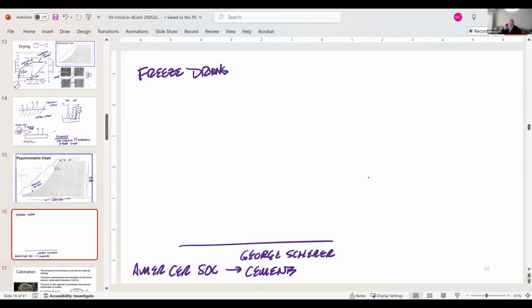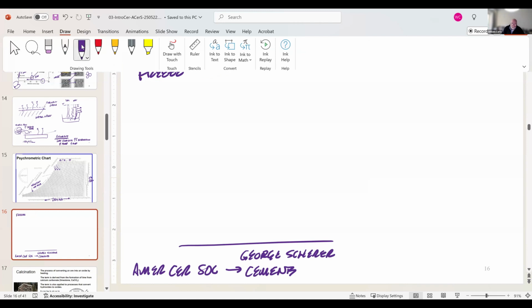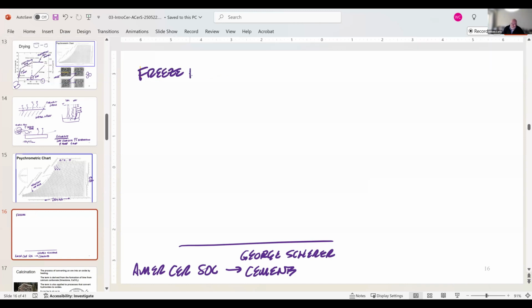Not quite freeze drying, but he talked about how ice forms in materials. When you have ice in a system, it tends to nucleate in a body, even if the body is full of water. Then the freezing front moves across the body and ignores the microstructure, so it goes around the pores.